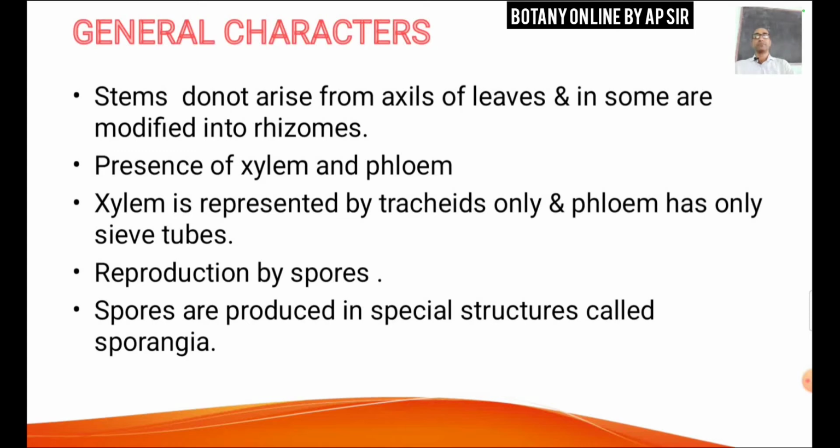Got it? Then reproduction occurs by spores. We know that this is a seedless plant. So here reproduction is through spores, and the spores are produced within specialized structures called sporangia.